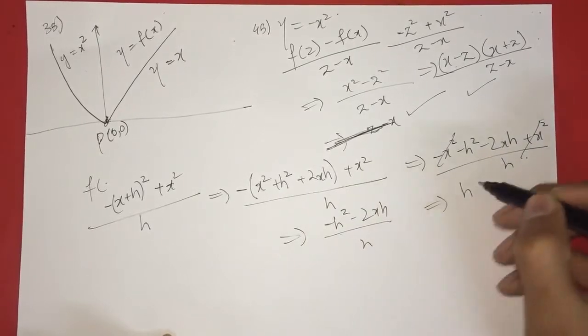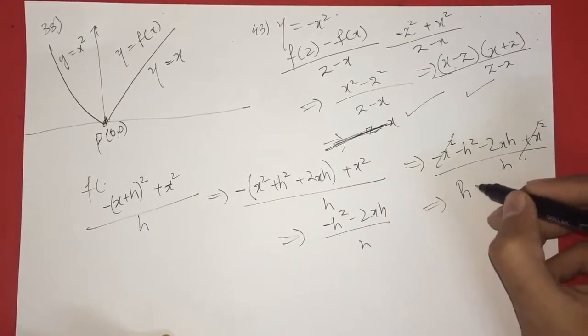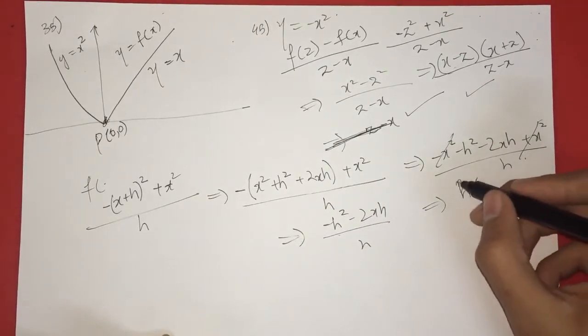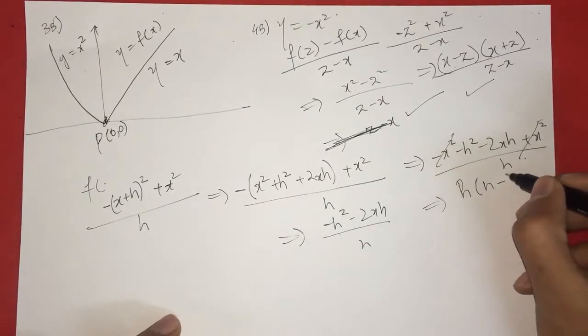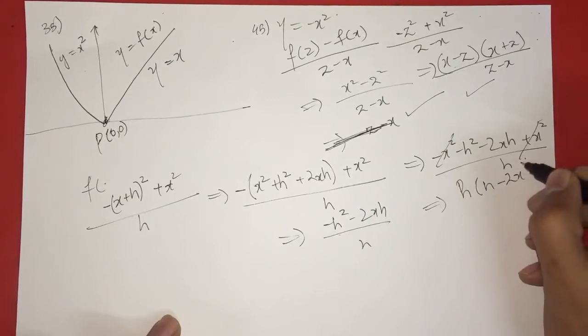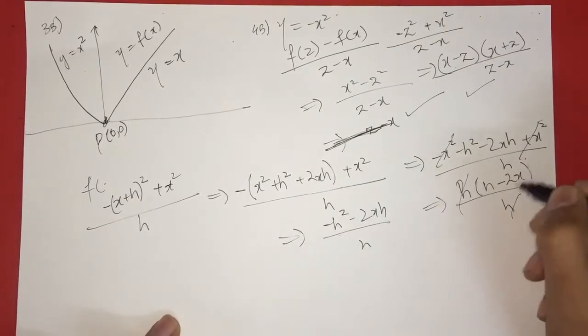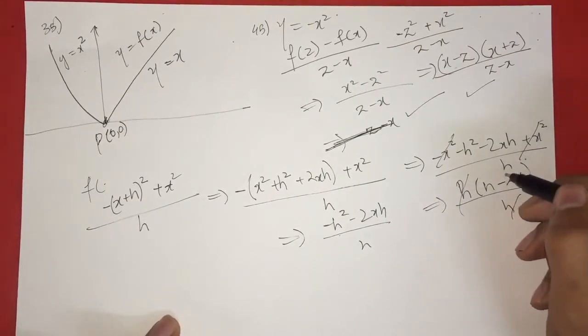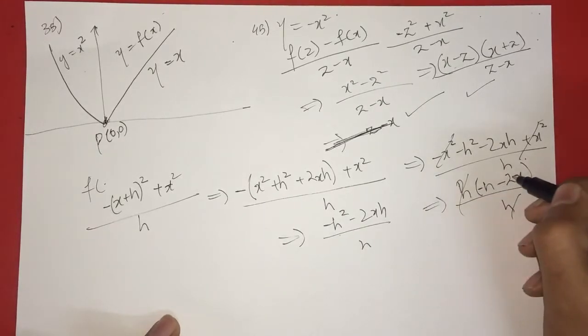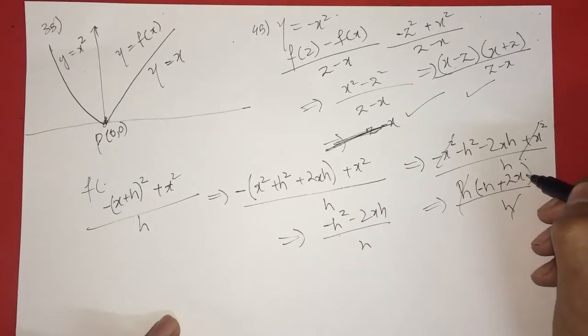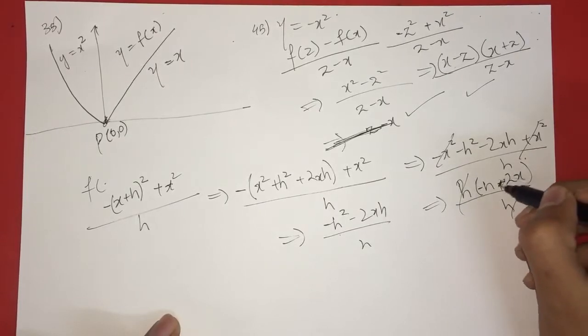You take h common, you get h times (minus h minus 2x) divided by h. H cancels out.